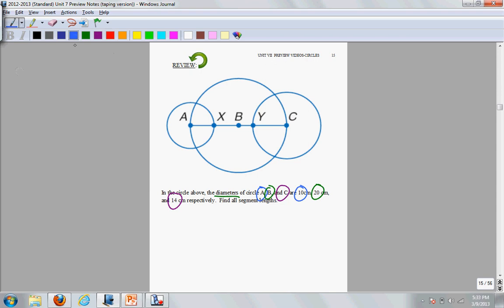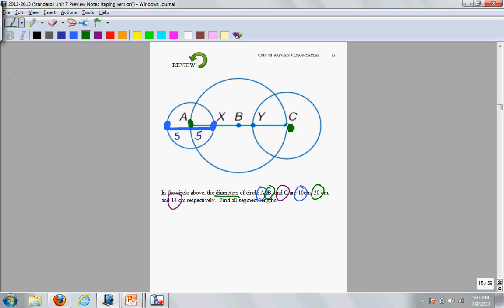Find all possible segments. So let's draw that in. Diameter goes from edge to edge through the middle of a circle. So A, our diameter, is 10, which means that the edges here are going to be 5 and 5. That's the radii. And then the middle one is a 20.